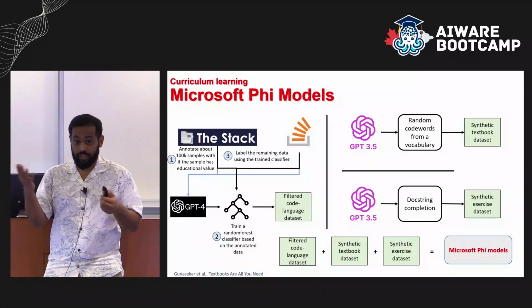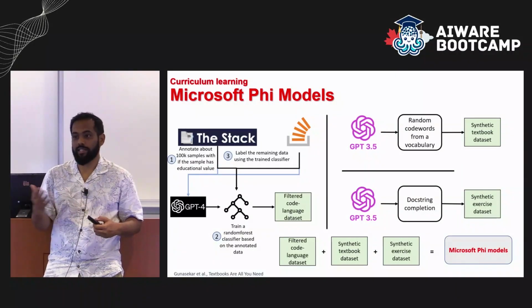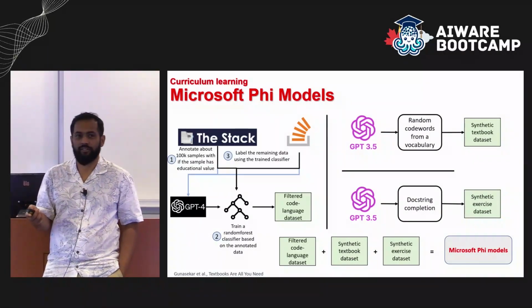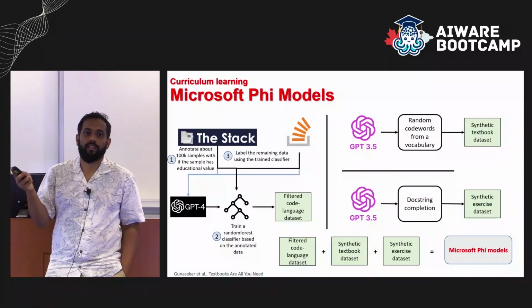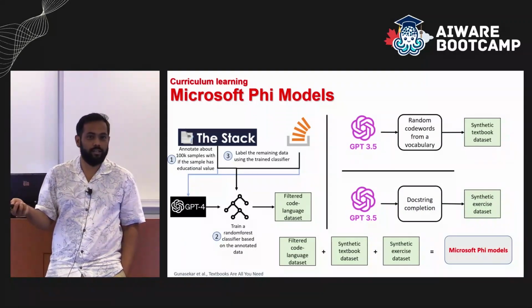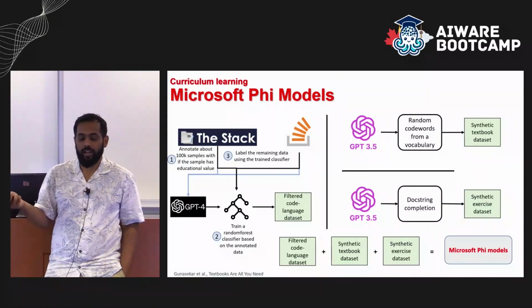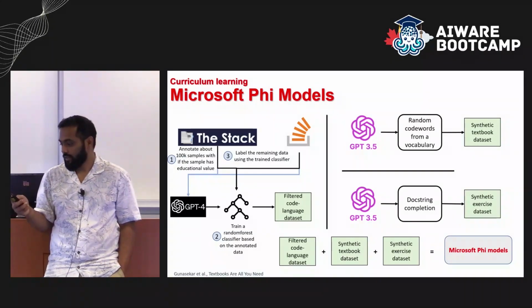And they found that with this kind of data, even a small model can perform as well as many large models at that time. This is the process that they outlined for the first version of Phi. Now I think Phi is at Phi 3.5, and they have models that are like 3B that can perform as well as many 13B models.